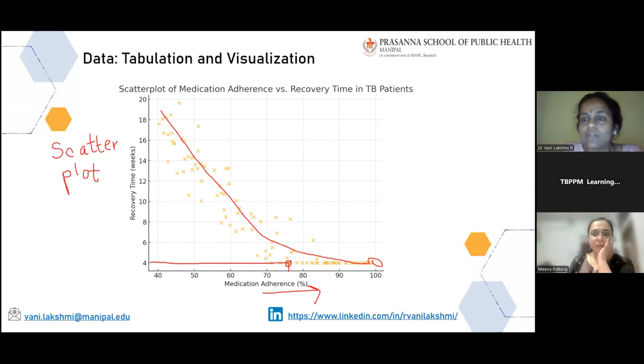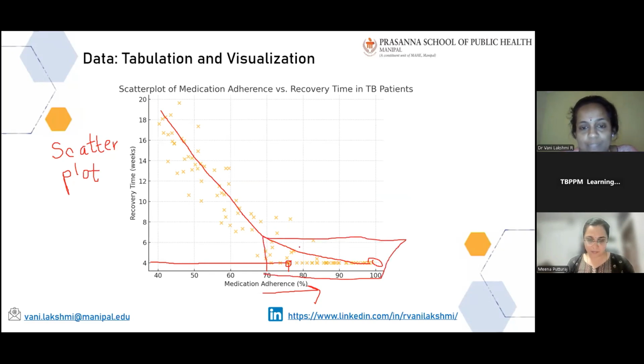The line is going down, no? It's like a hill, you're coming down from a hill. So it gives me an interpretation that if you adhere to the medication at least 70% of the time, the treatment promises recovery within 6 weeks.